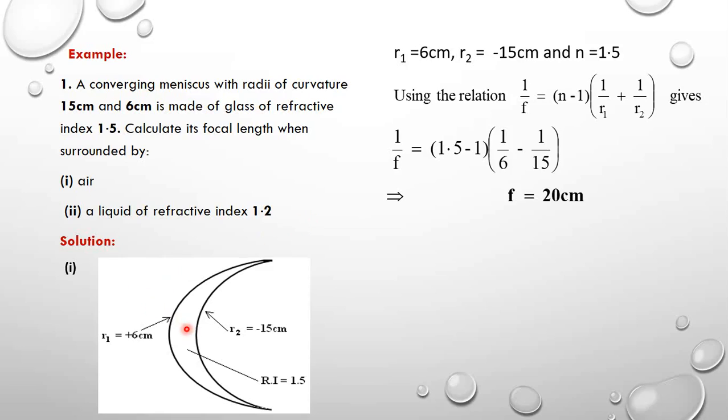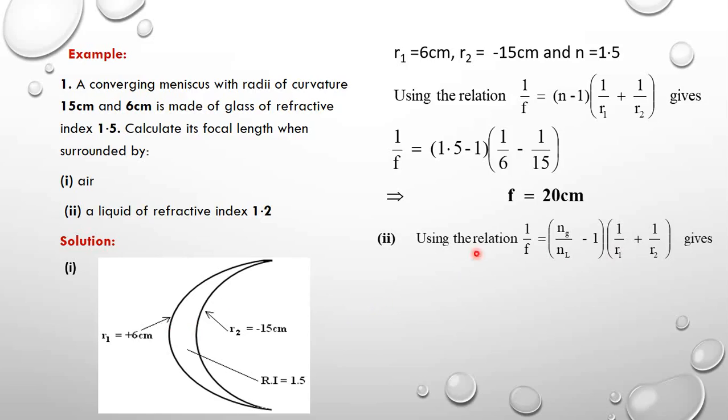In this specific case, the first medium, the surrounding medium, is the liquid, so n1 is the liquid and n2 is the glass. So we are moving from liquid to glass. It implies that our focal length is given by 1 over f is equal to (Ng over NL minus 1) into brackets 1 over R1 plus 1 over R2.